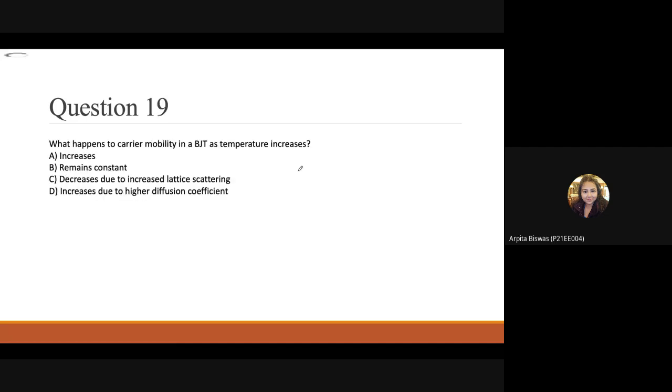Next, question number 19. What happens to carrier mobility in a BJT as temperature increases? Increases, remains constant, decreases due to the increased lattice scattering, or increases due to the high diffusion coefficient.